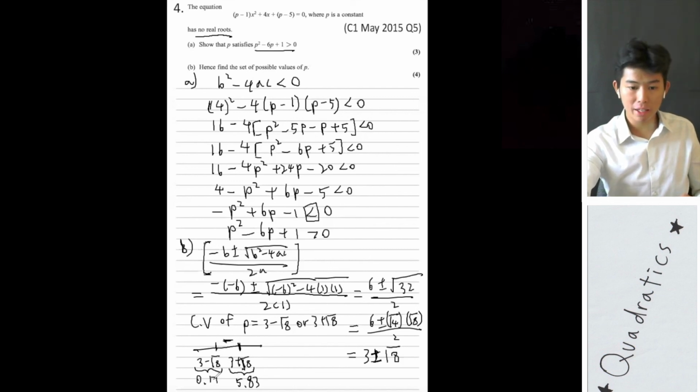And if I put any number that is smaller than 0.17, the easy way is to put 0, which would be around here. If I put 0 into it, I will get 1, and 1 is a positive number, so I'll put a positive sign here.